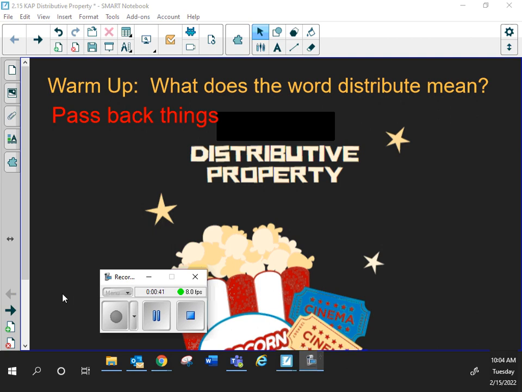But today we're going to talk about one last property called the distributive property. Before we get there, let's just talk about the word distributive. We've heard that probably in the real world outside of the math context. What does distributive mean to y'all? Passing out, passing around, sharing, giving out, right?